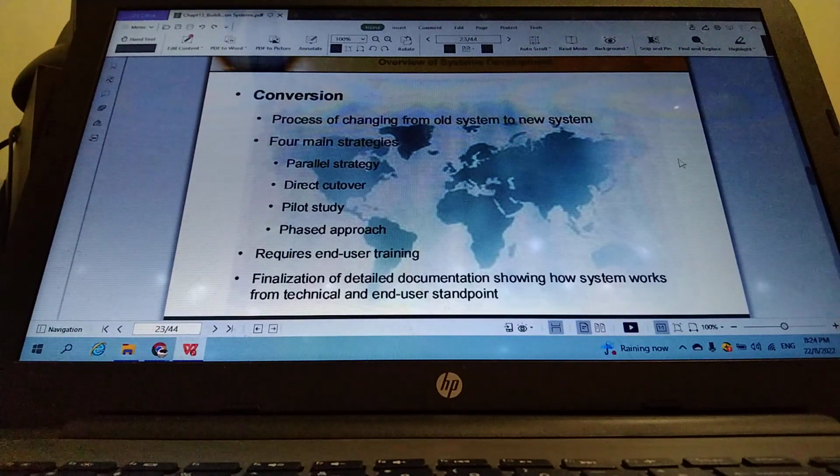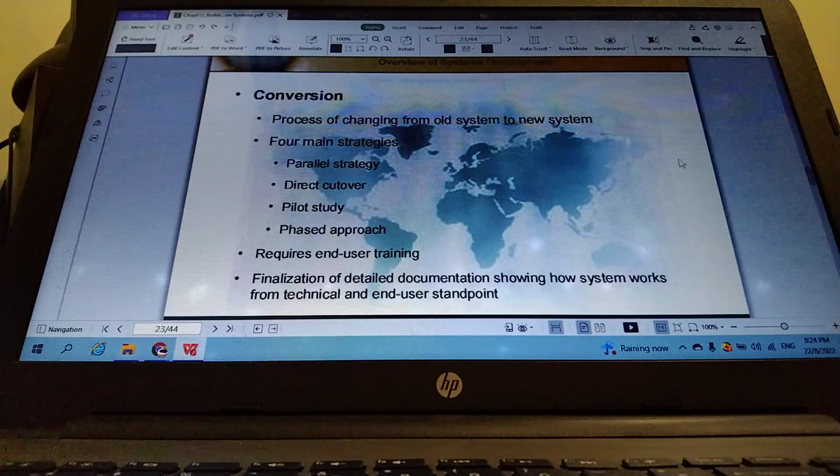conversion or implementation, the process of changing from the old system into the new system. Like I mentioned earlier, there are many strategies or methods of conversion that can be carried out. As far as IT is concerned, these are the four main strategies.